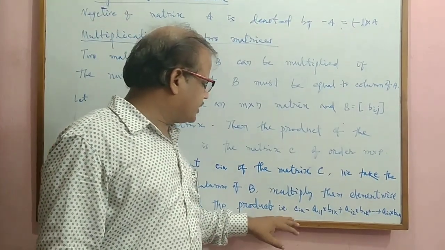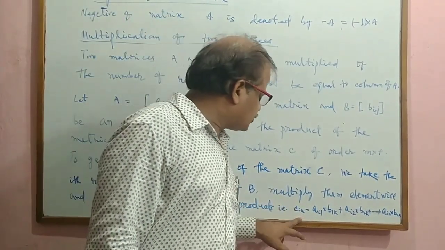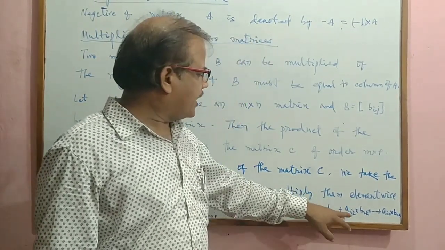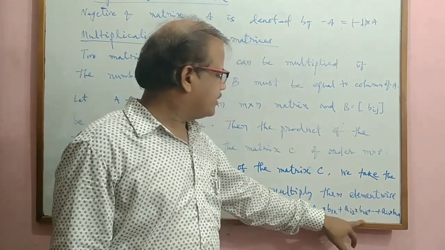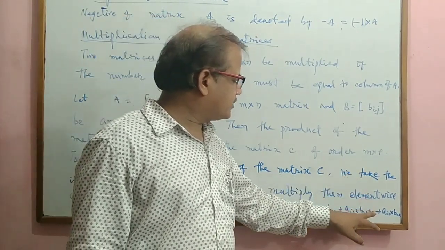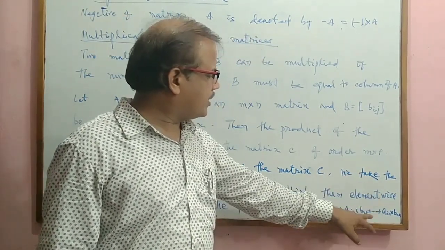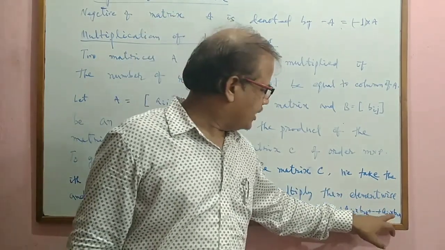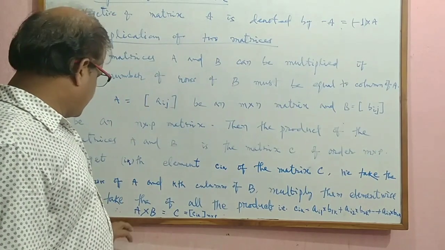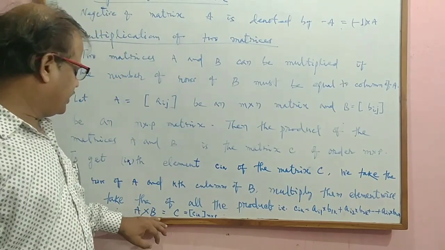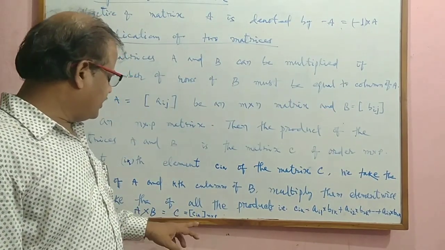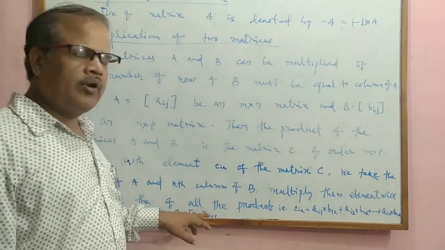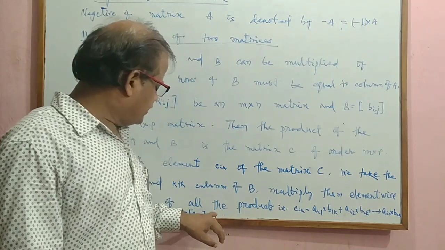That is, cik = ai1 b1k + ai2 b2k + ai3 b3k + and so on up to ain bnk. Therefore, AB = C, where C is of order m by p.